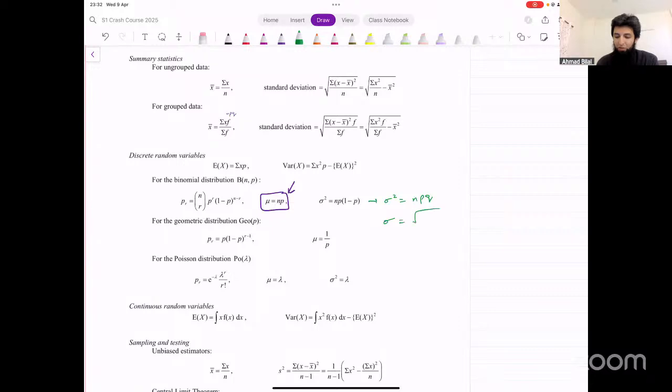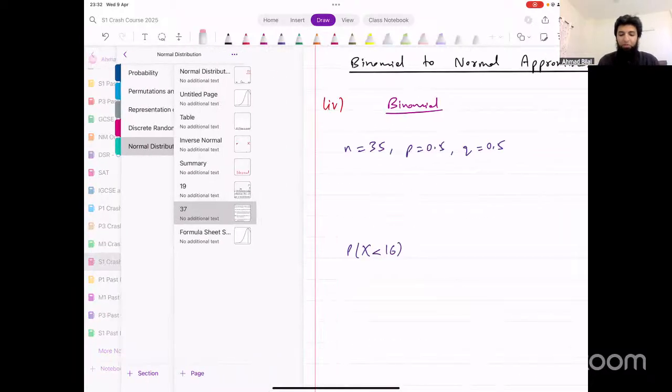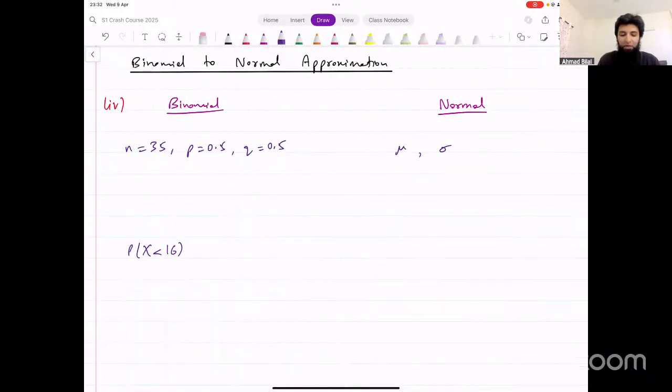That will be square root of npq. So what we can do is, from that binomial distribution, we can say, let's find the mean of this distribution and let's find the standard deviation of this distribution. Mean is equal to n times p. So in this case, that ends up being 35 times 0.5, and the mean is 17.5.